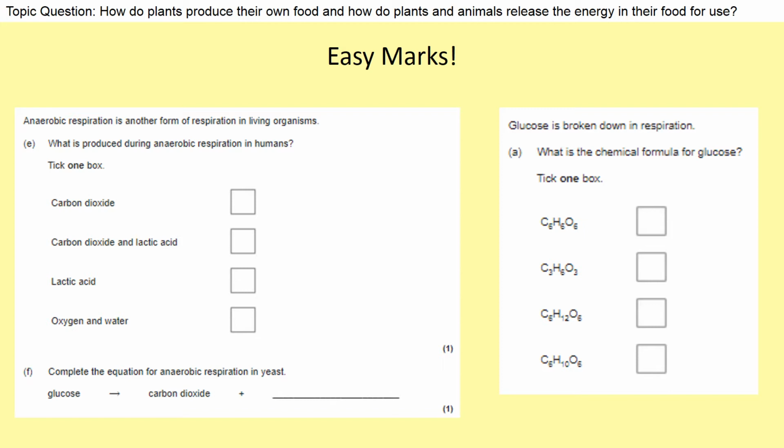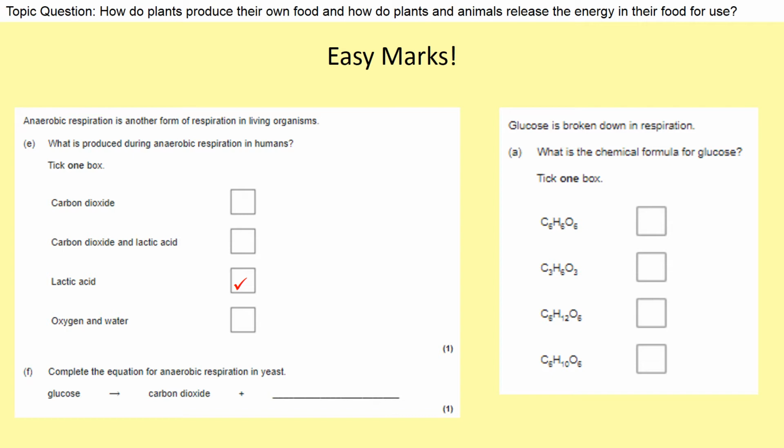Okay, I'm going to move on now, so just pause if you need a little bit more time. Okay, so what is produced during anaerobic respiration in humans? Remember, humans are animals, so it was lactic acid that we were looking for. Then complete the equation for anaerobic respiration in yeast.